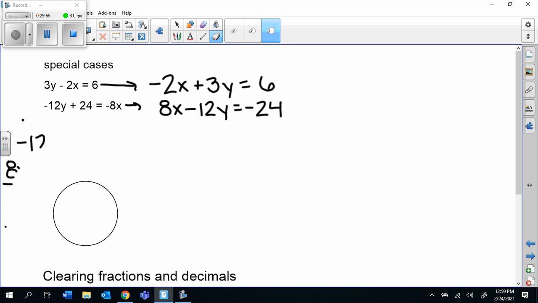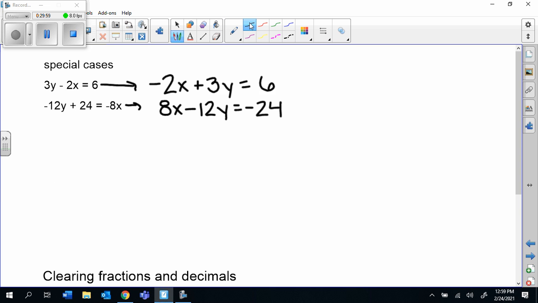All right, so now let's look here. What will I do? I will probably take that top equation and multiply through by 4. Why 4? Well, because 4 times -2 will give me -8, and -8 and +8 make 0, and so then that will drop out.